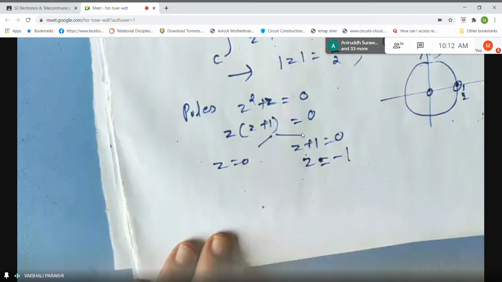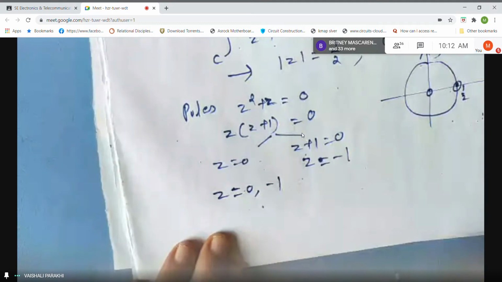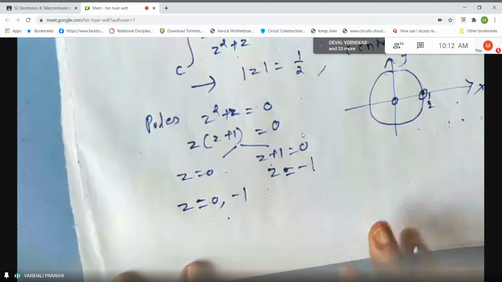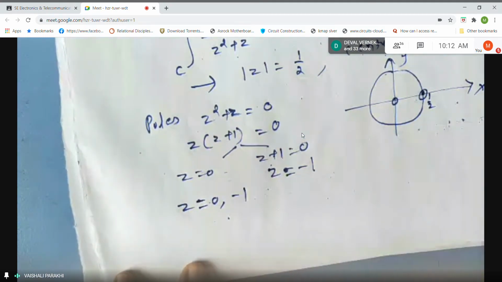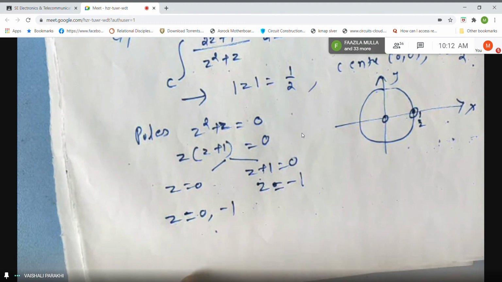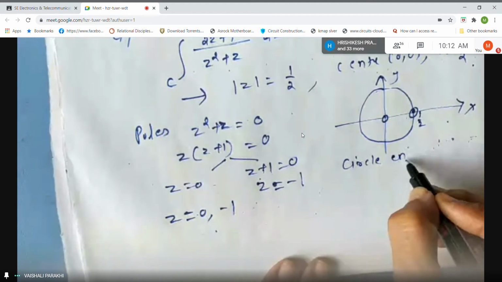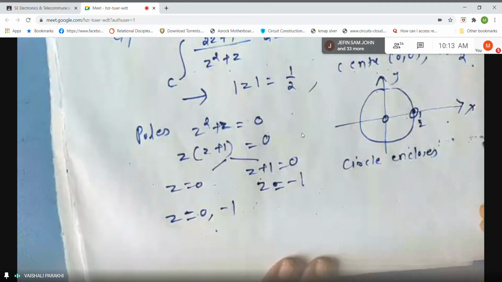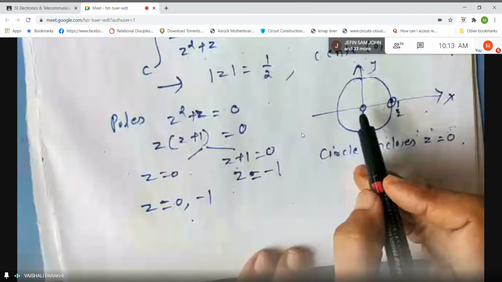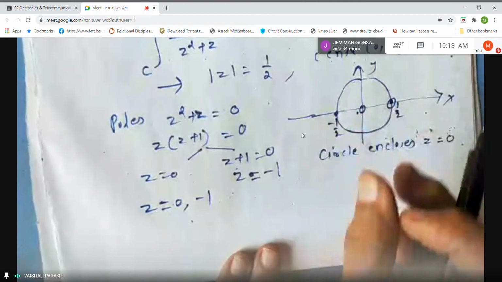So you got two poles: Z is equal to 0 and minus 1. Out of these two poles, which lies inside the circle? Z is 0, because see, this is your minus half, the same distance on both sides.